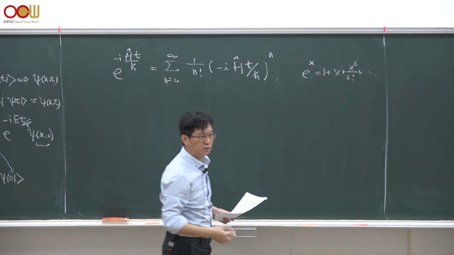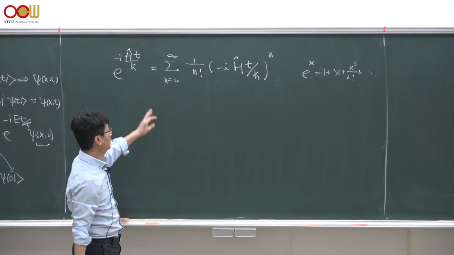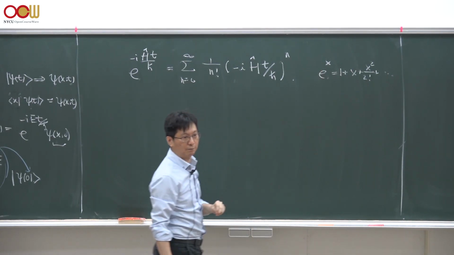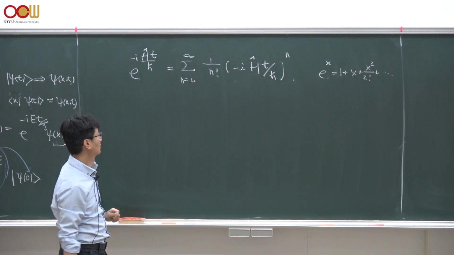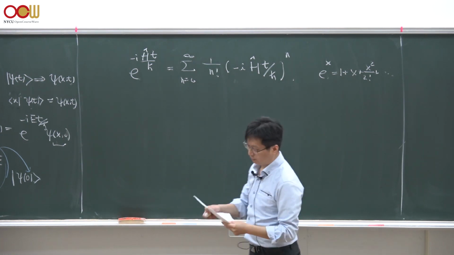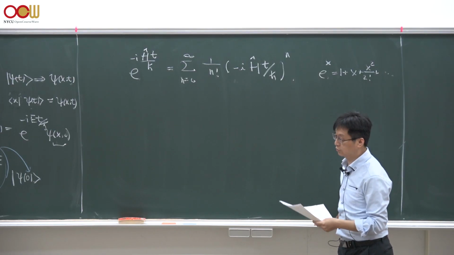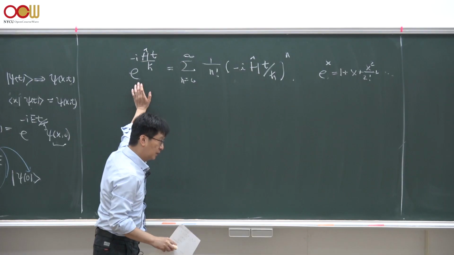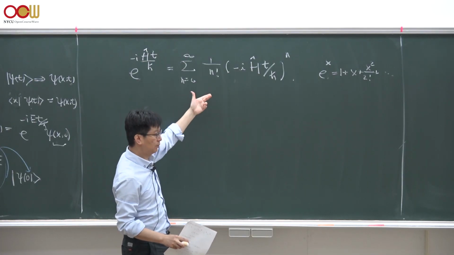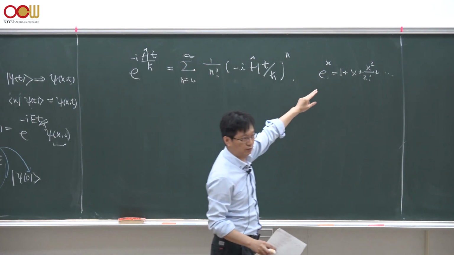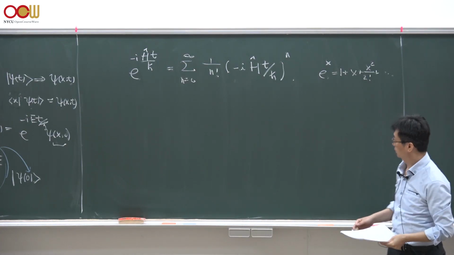But this x is just a number or variable. Here, this Taylor expansion holds even when x is an operator. So we need to really prove that, but we don't need much time to prove this. You could check our textbook that indeed this operator in the exponential form could be decomposed and expanded in the same way that we do Taylor expansion for the e to the x function.